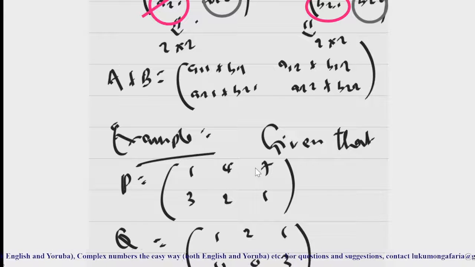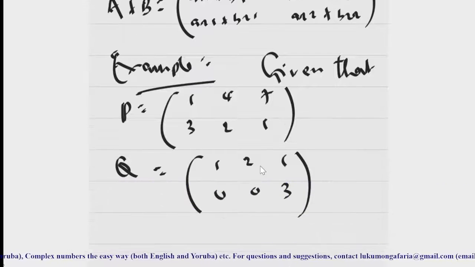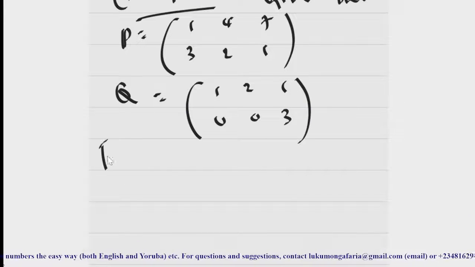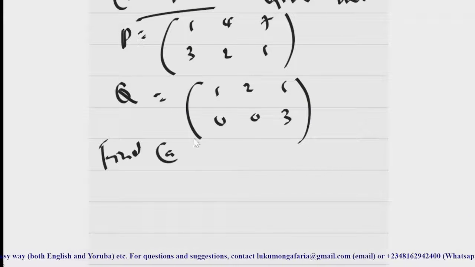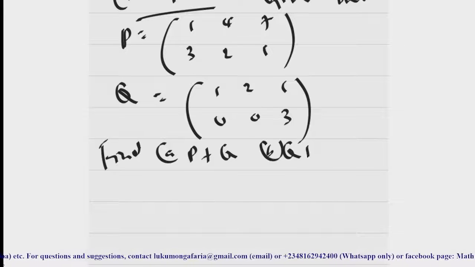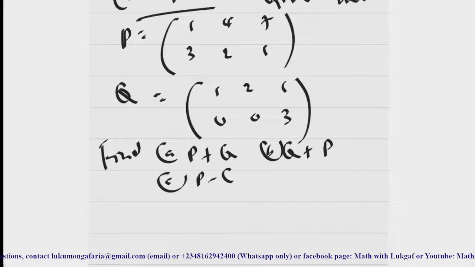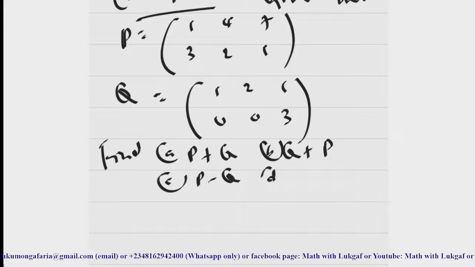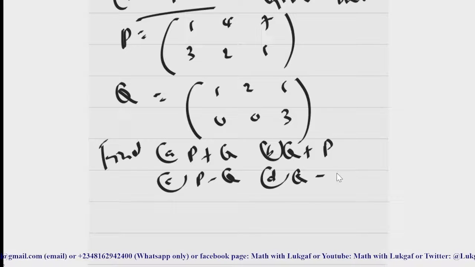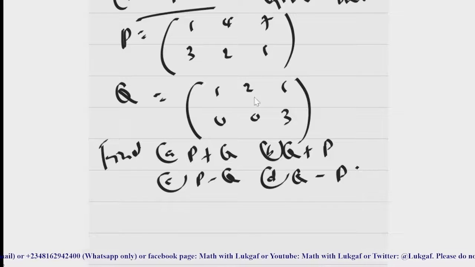You understand now? Then the question says find number 1, P plus Q, Q plus P, P minus Q, Q minus P. You understand now?